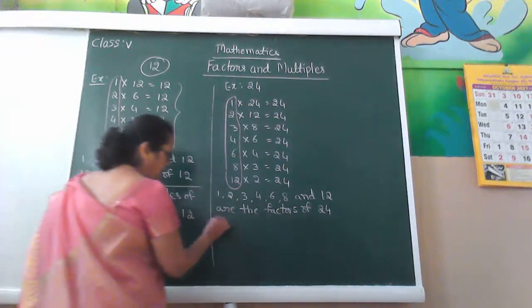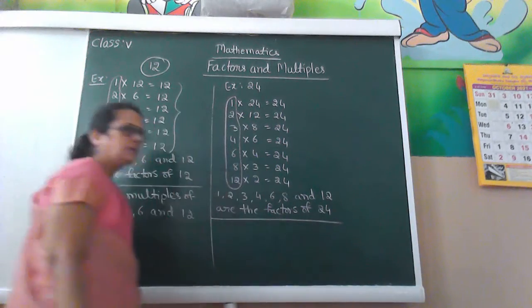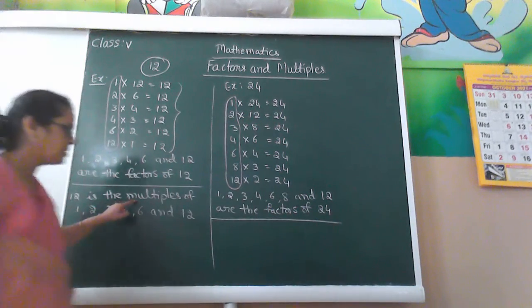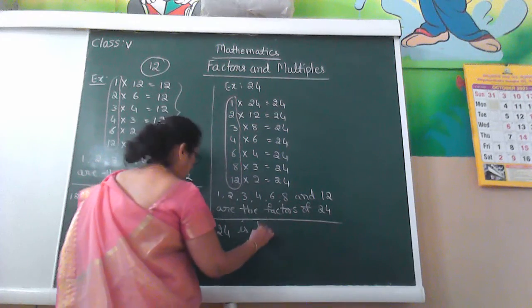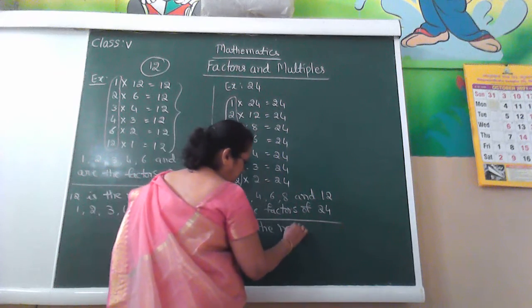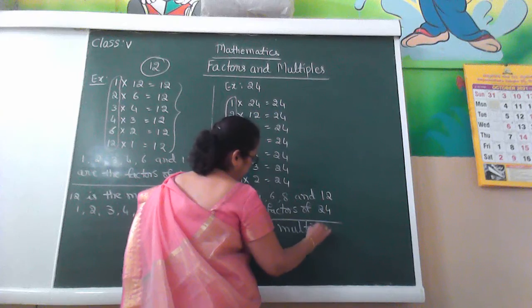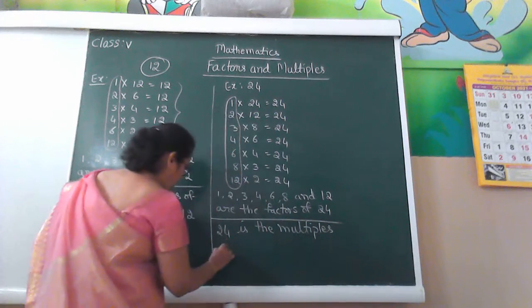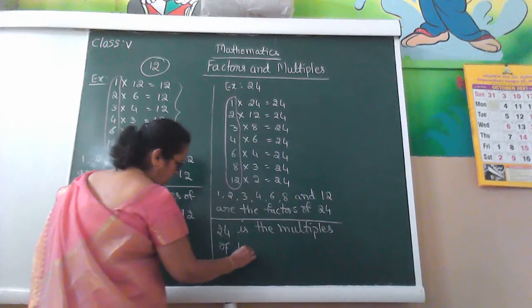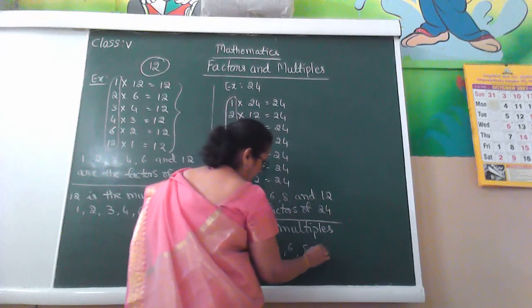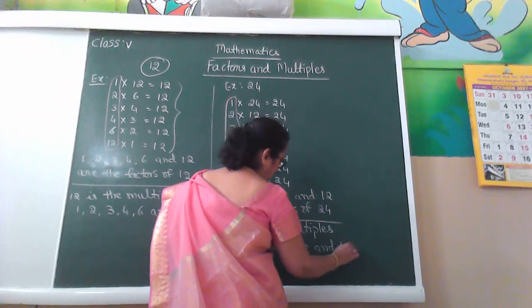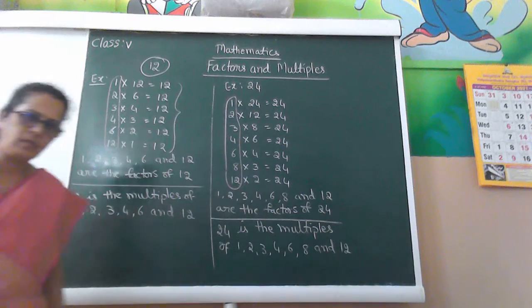In the same way, if you want to write the multiples, 24 is the multiple of the same numbers. You write 1, 2, 3, 4, 6, 8 and 12. Okay, children?